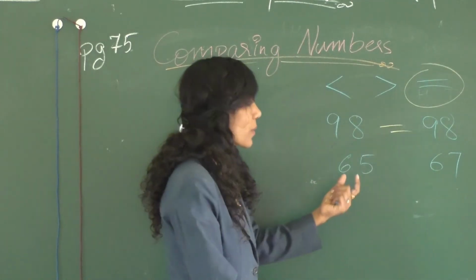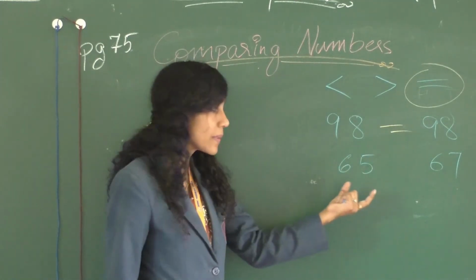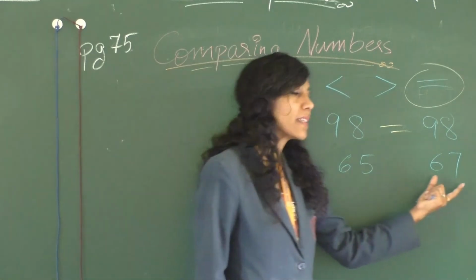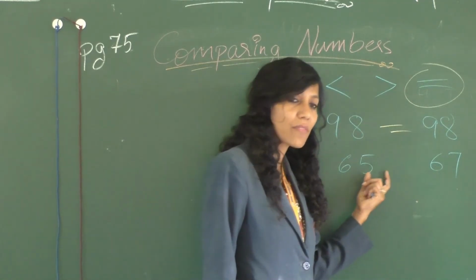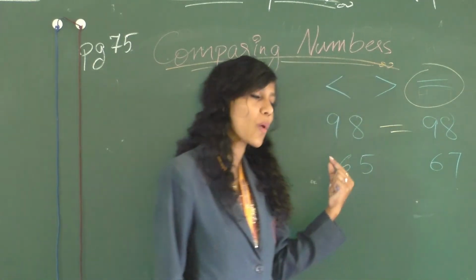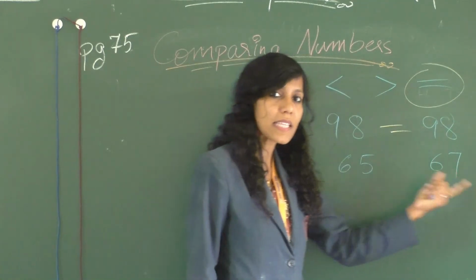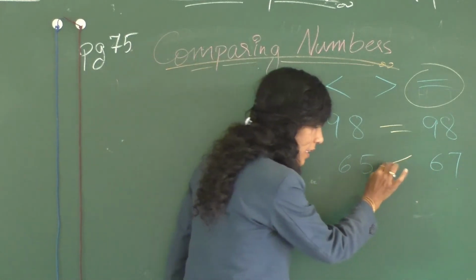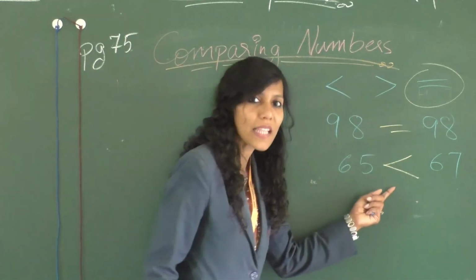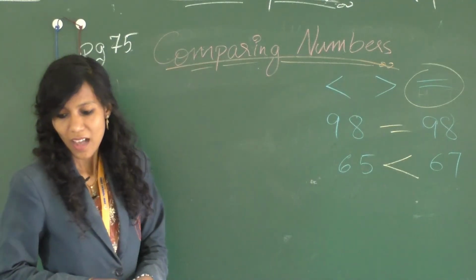Yes, 7 is more. So that denotes this number is smaller than this, because the first one is same. So we are comparing the second one. The symbol which comes is the alligator's closed mouth, that is less than.